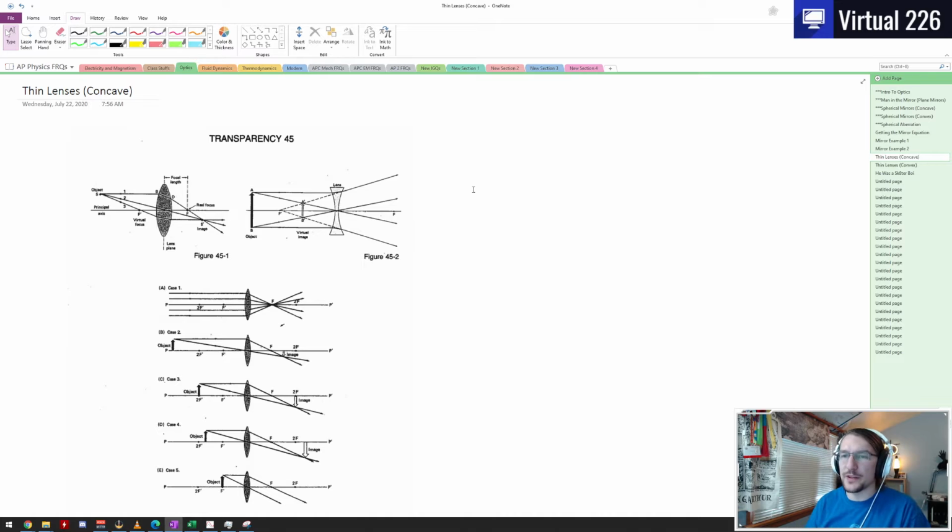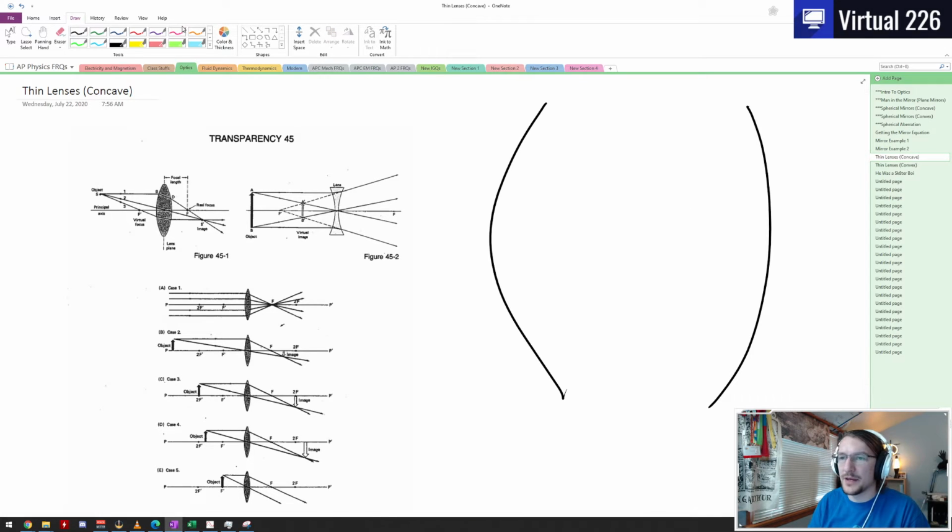The real reason we're using thin lenses, and we'll see this coming up shortly, is that if we have a very thick lens, something like that, what the lens is actually doing is bending light, and what we are trying to assume is that wherever this light ray is bent, it's going to come out in the same spot on the other side.